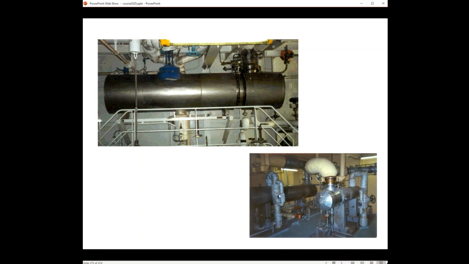When do we use the cargo vaporizer? When it's cargo related. When do we use the forced vaporizer? When we need additional vapors for propulsion purposes. That means when the boil-off only is not enough. Suppose you need to be urgently in the discharge port, you sail full speed, and the boil-off is not sufficient to maintain the speed, then you need additional vapors, and then you will create your vapors by the forcing vaporizer.